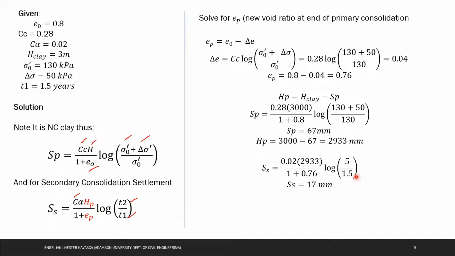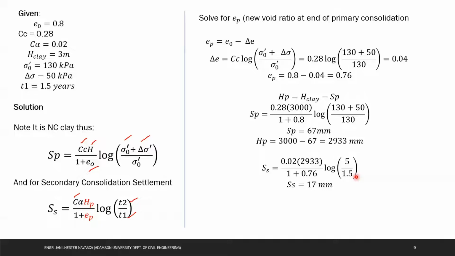So from 3,000 millimeters, after primary consolidation it became 2,933 millimeters. Then after 5 years, there is now 17 millimeters of secondary consolidation settlement.